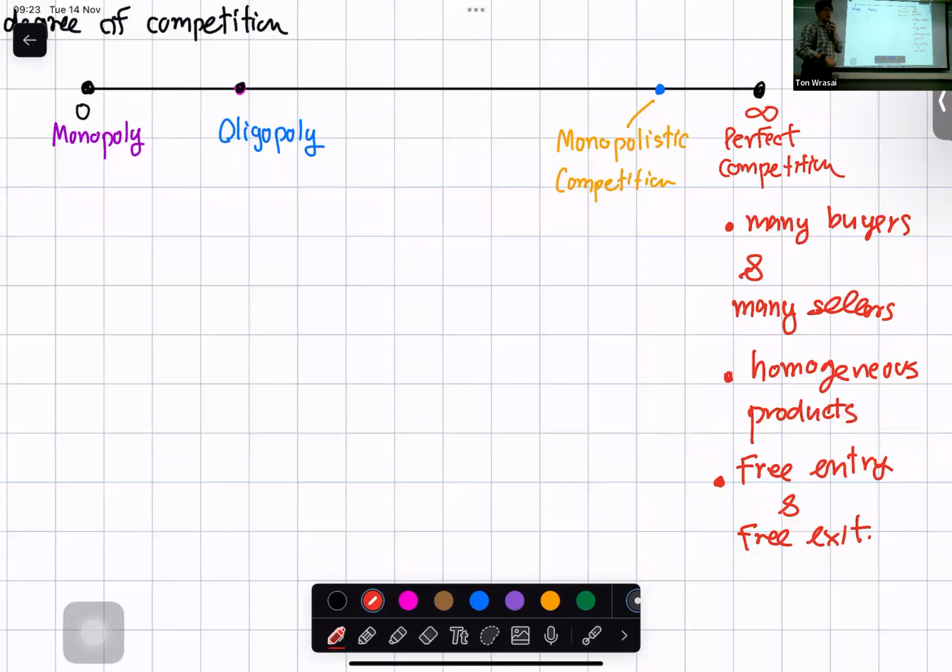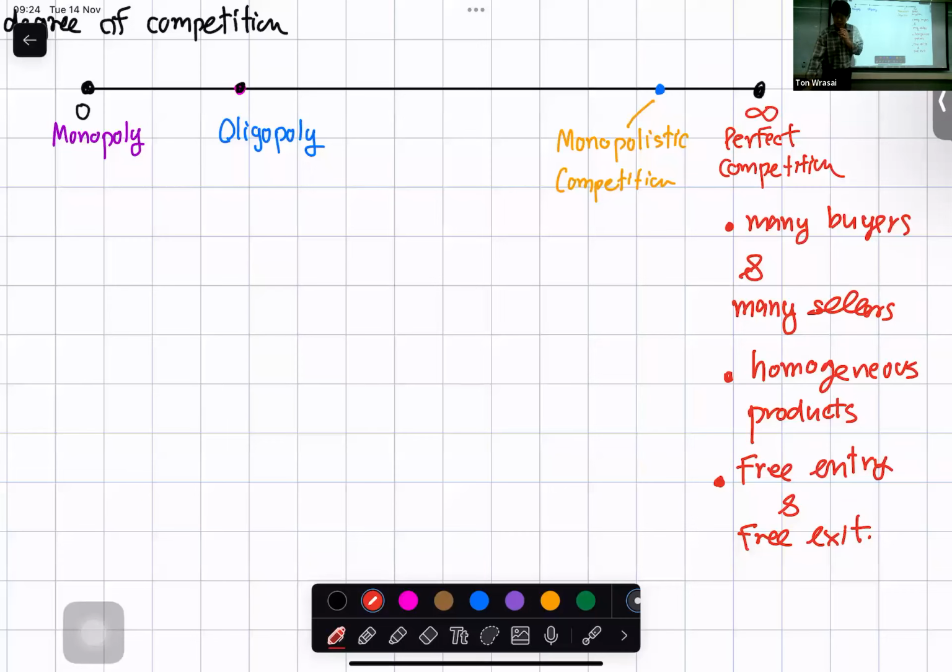How about free exit? If one of you or many of you face losses, you can just leave the market and do something else. Free exit. No one obstructs you from leaving. The transaction cost to leave the market to do something else is low. Perfect competition.